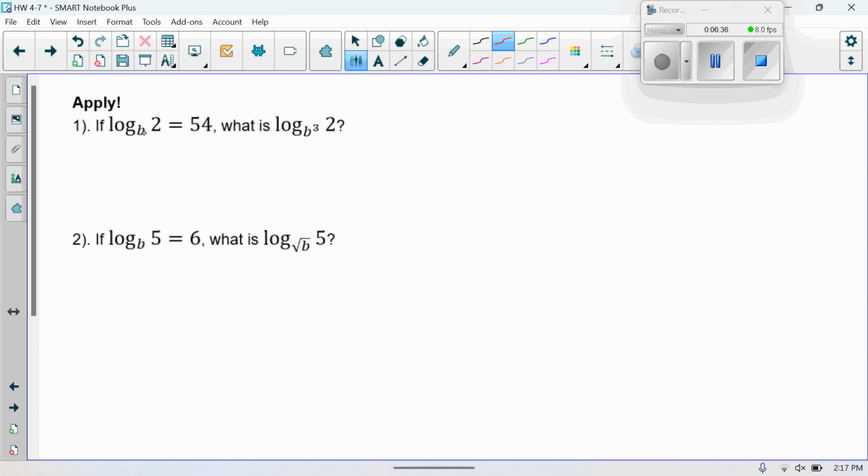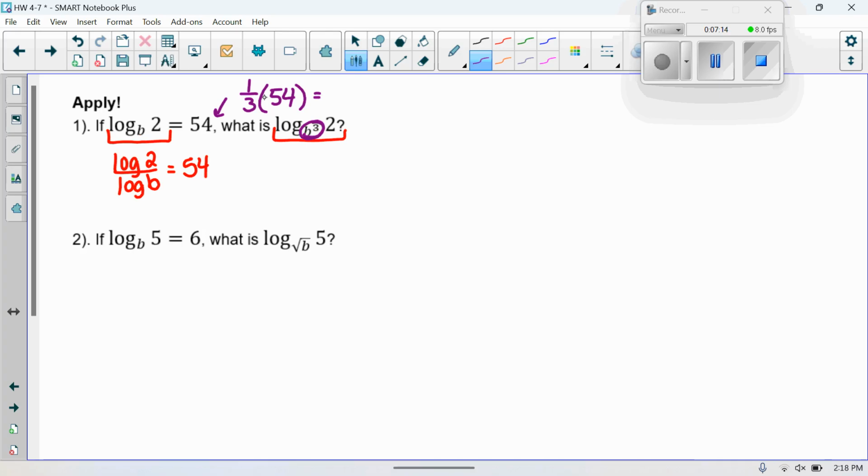They're telling me that log base b of 2 is equal to 54. Which, remember, if you needed to write this, you don't have to, but if you needed to, this is like saying log 2 over log b equals 54. What's this? Well, we can use our rule with this piece that if I'm cubing the base, I'm going to take my output and divide it by 3 or multiply it by 1/3. This is the shortcut in the purple. But I could do it the real way if I wanted to as well.